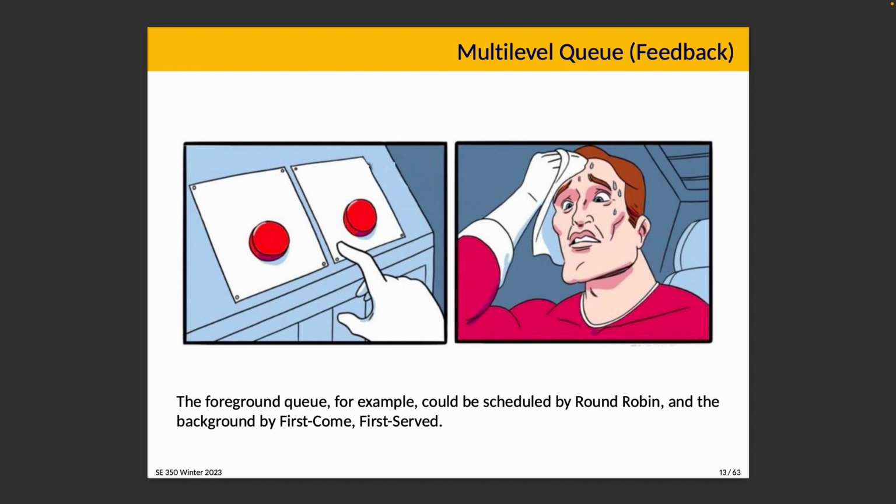And then you have your choices, right? When there's multiple queues, you have to choose what we're going to do with each of them. So the foreground queue could be scheduled by round robin, and the background queue by first come, first served. We could say that some queues have absolute priority over others. If there's something here in this emergency task queue, then we always do it regardless of anything else. Or maybe we have time slicing amongst the queues.